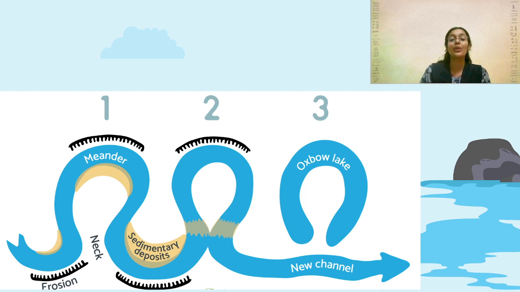Oxbow Lake is known as Oxbow because an ox has a bow on its back. So it is similar to it, hence it is known as Oxbow Lake.